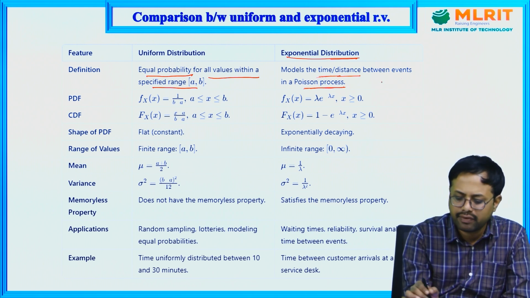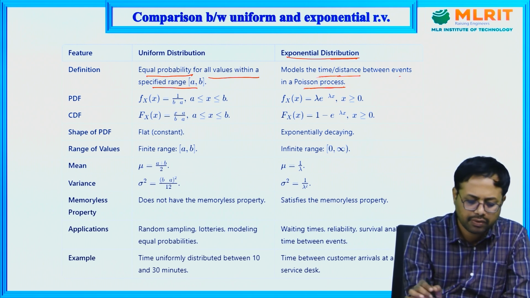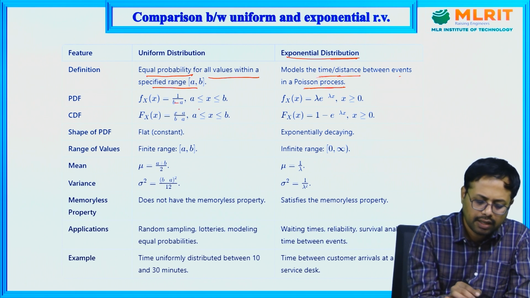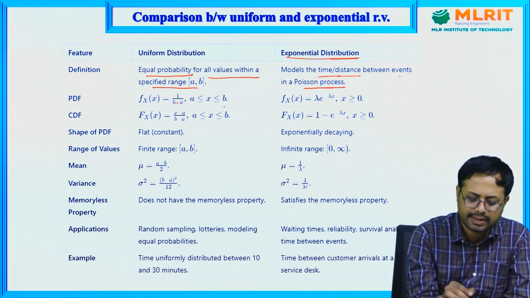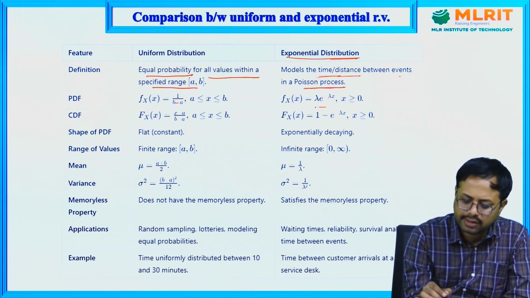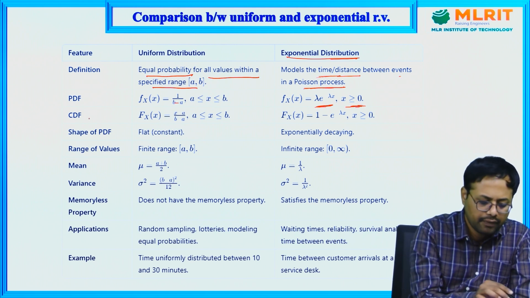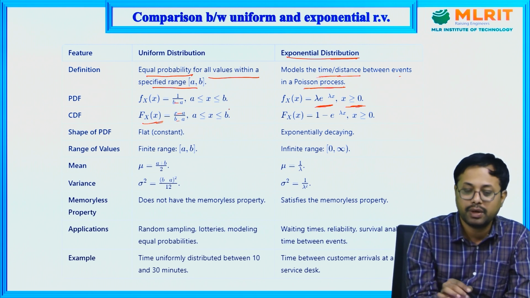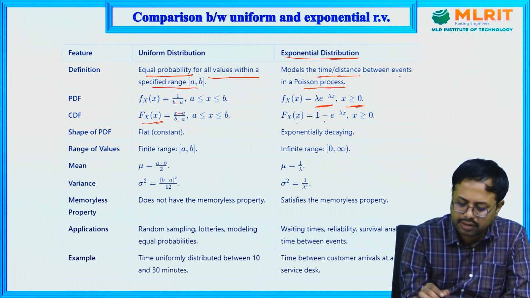Here fx of x is equal to 1 by b minus a for a less than or equal to x less than or equal to b. Here fx of x is equal to lambda e power minus lambda x for x greater than or equal to 0. Then the CDF, capital Fx of x, is equal to x minus a by b minus a for the same interval. Here also capital Fx of x is equal to 1 minus e power minus lambda x.